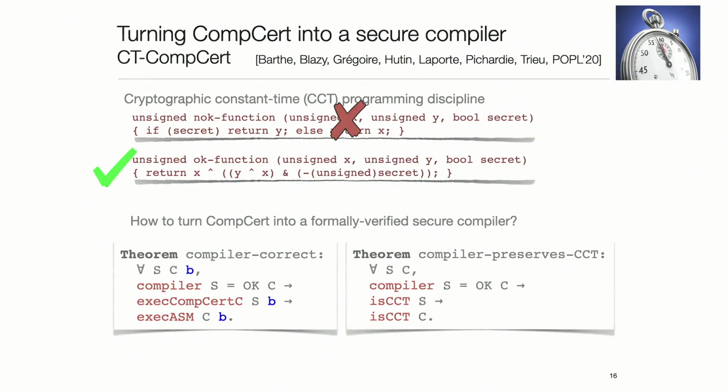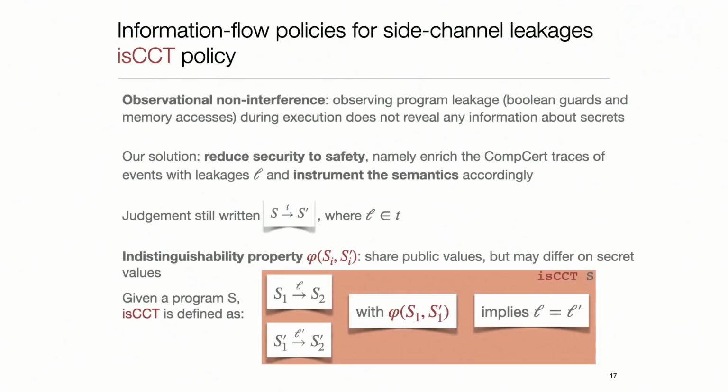So let's look more closely at this constant time property. This property belongs to what is called non-interference properties, where you state that you may observe program leakages during their execution, and this observation does not reveal any information about secrets. Here, a leakage is either a Boolean guard or the value of a pointer used to access memory. So we reuse CompCert in the following way.